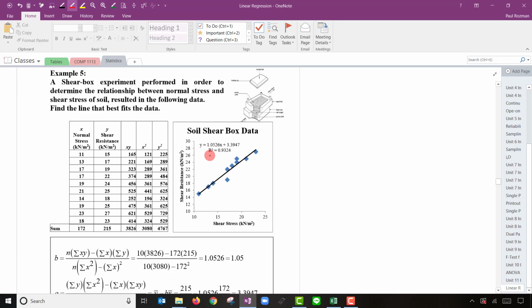Like this value plotted on the chart here is our little r squared. We call that value r, the correlation coefficient. When you square it, it gets a new name. It becomes the coefficient of determination. So that's what Excel likes to give.